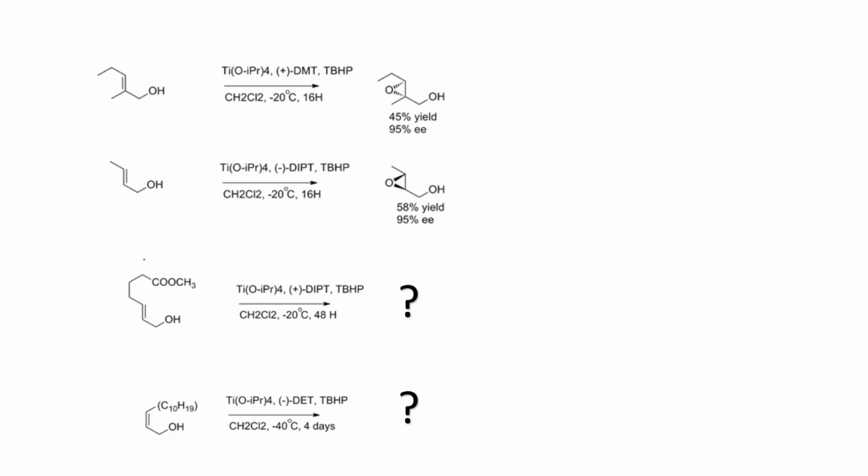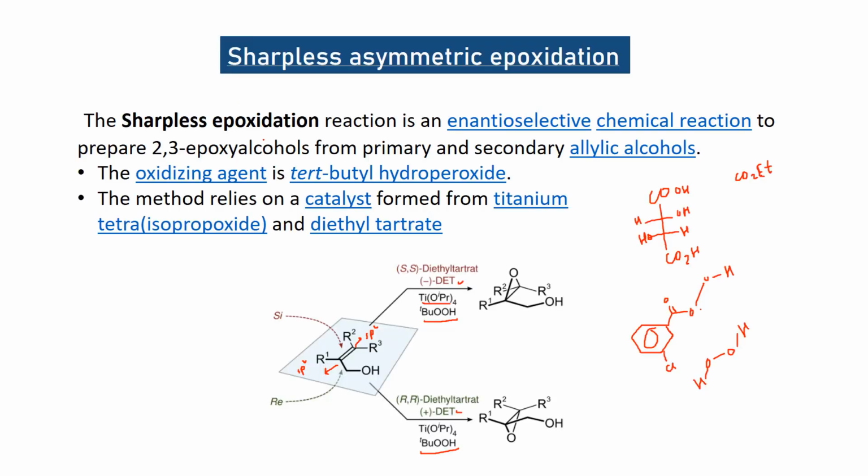Now I have shown two examples. Suppose they have given this substrate, this allylic alcohol. The one point I have missed: for Sharpless epoxidation, you can't perform it on any alkene. That alkene should be an allylic alcohol.